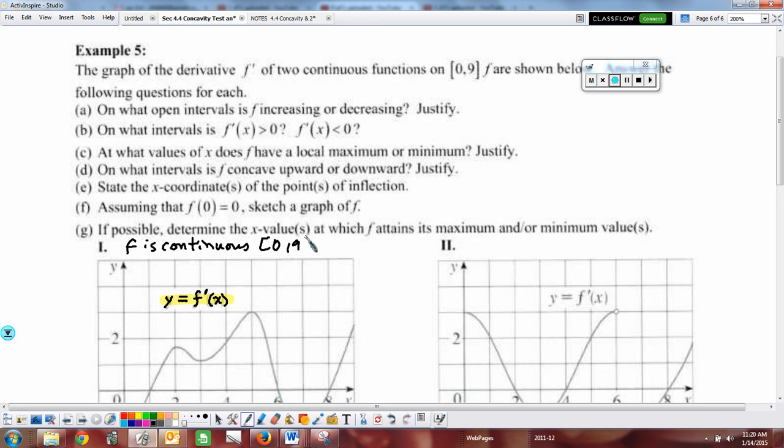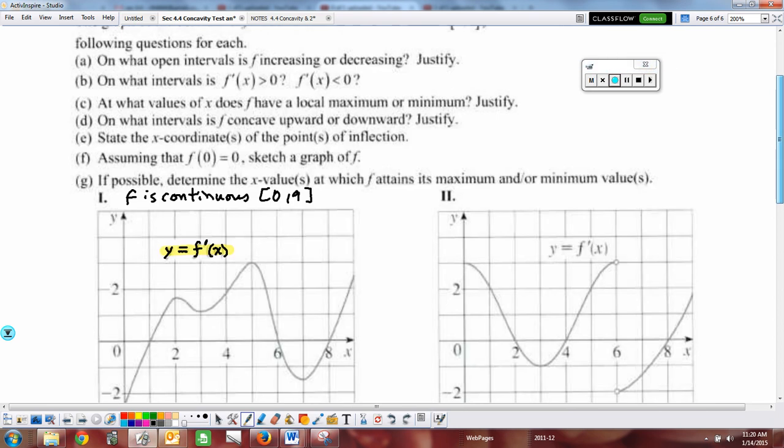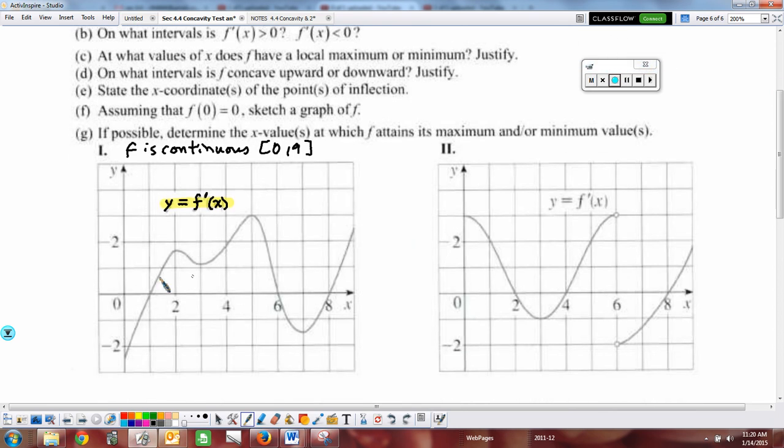And obviously, by looking at my derivative, since there's a point everywhere from 0 to 9, we could say that f is differentiable on 0 to 9. It actually probably was differentiable at 9 and 0 as well, because there's a point there, but it's kind of a gray area. We'll just say it's differentiable on this open interval. So we definitely know that.